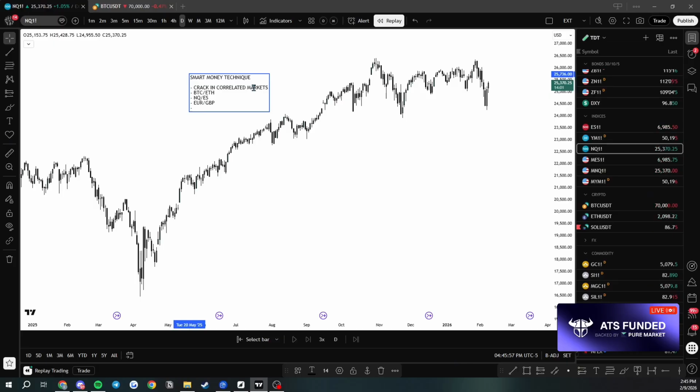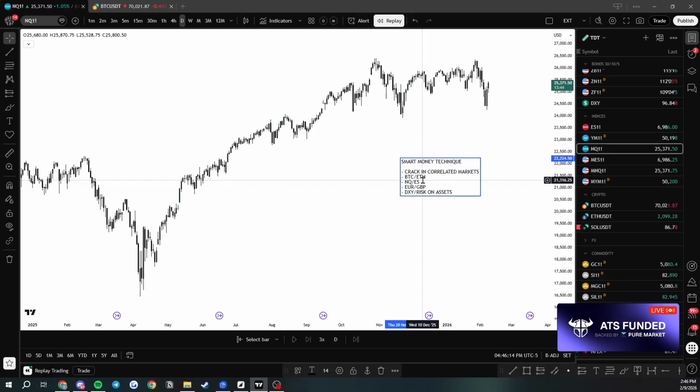We can think about DXY, risk on assets. Okay, so a crack in correlated markets, right? Let's take a look at some examples of what we mean here. And the easiest way for you guys to find SMT is by looking for SMT inside of candles 1, 2, and or 3.